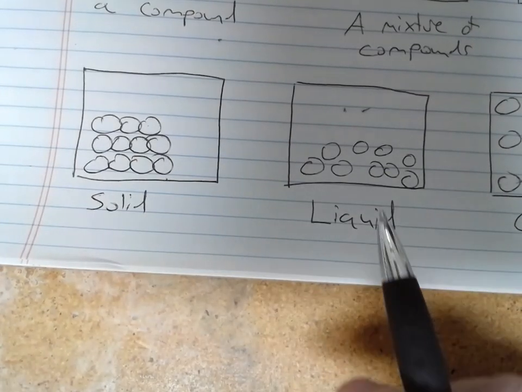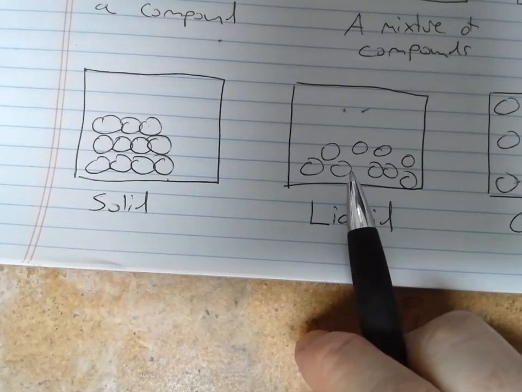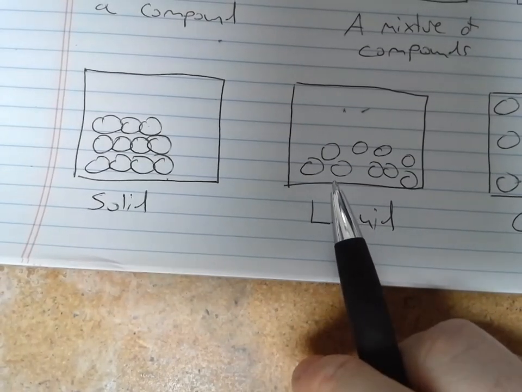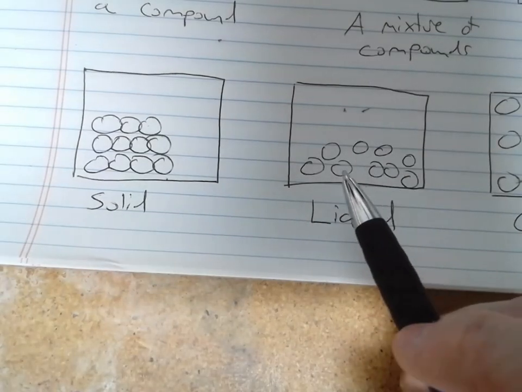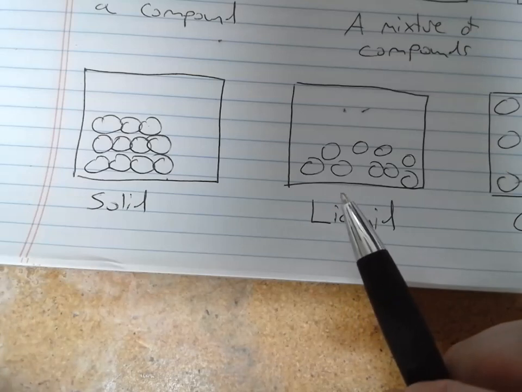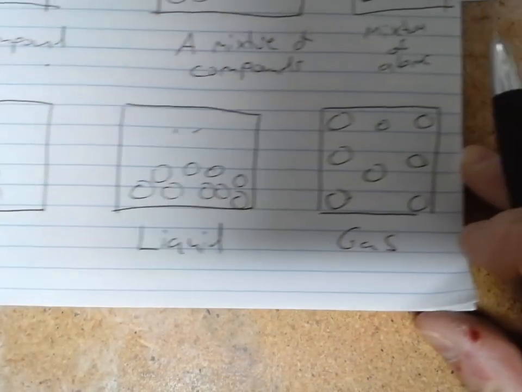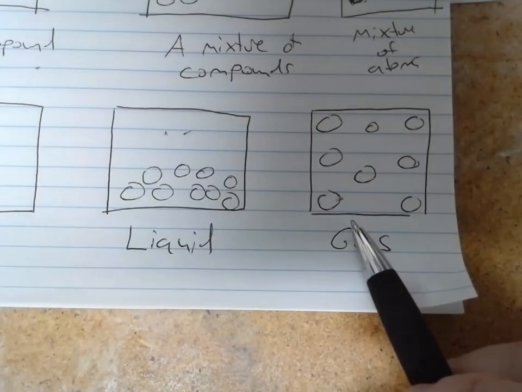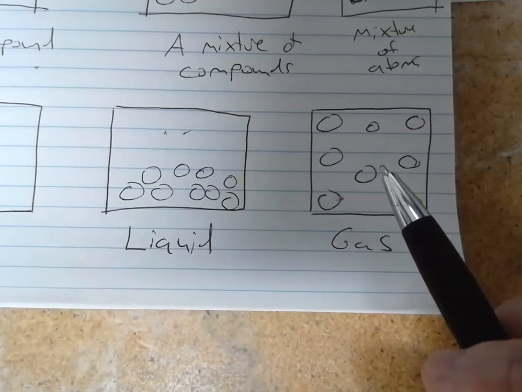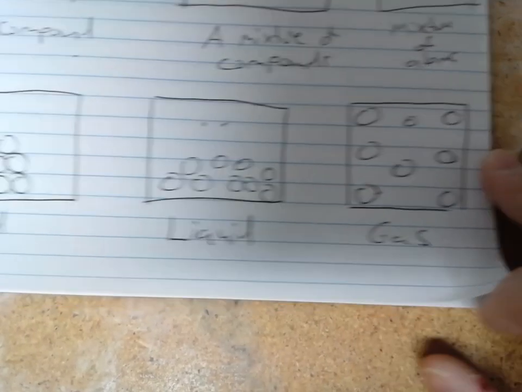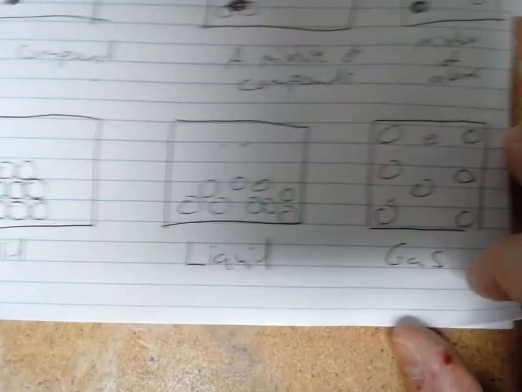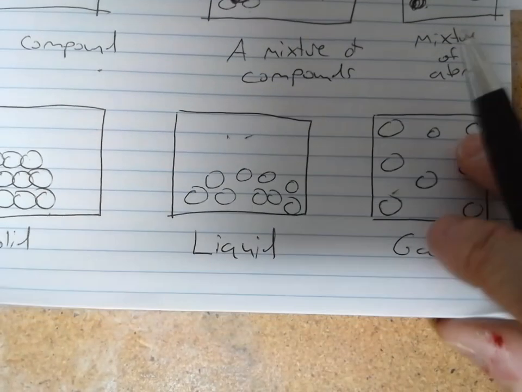This is the same picture, but notice now the atoms are separated by a little bit. They're still at the bottom, because after all, liquids don't float to the top, but they are still kind of close, but not really in some geometric pattern. Where this one shows the same atoms again, but now they're all spread out everywhere. So this is a gas. So again, we have solid, liquid, and gas.